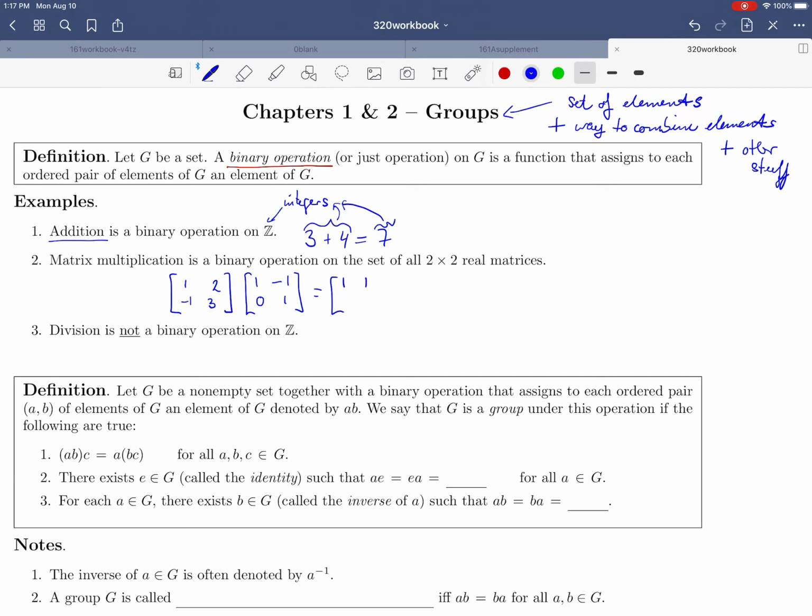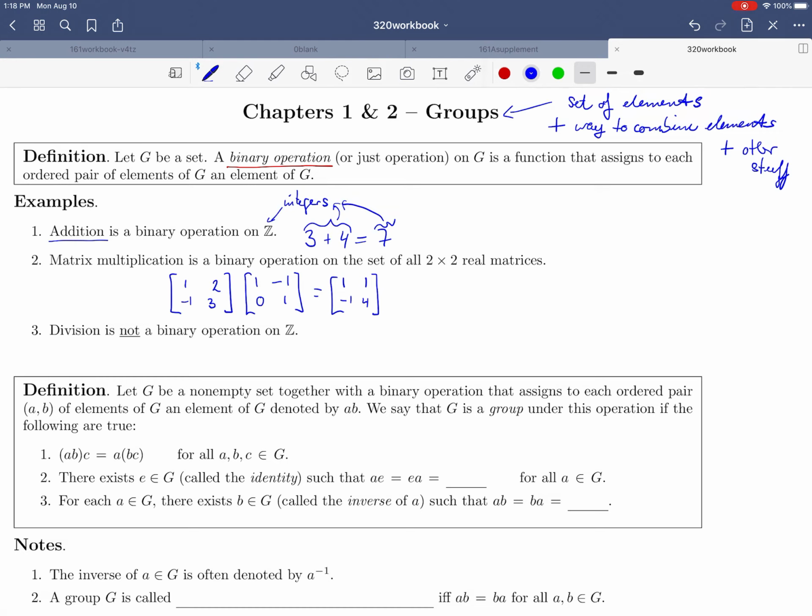That is also 1. And we get minus 1 and we get 4. So this is just our normal matrix multiplication. But you can see we started with 2 by 2 matrices, and we got out another 2 by 2 matrix. So matrix multiplication is a binary operation on the set of all 2 by 2 real matrices.